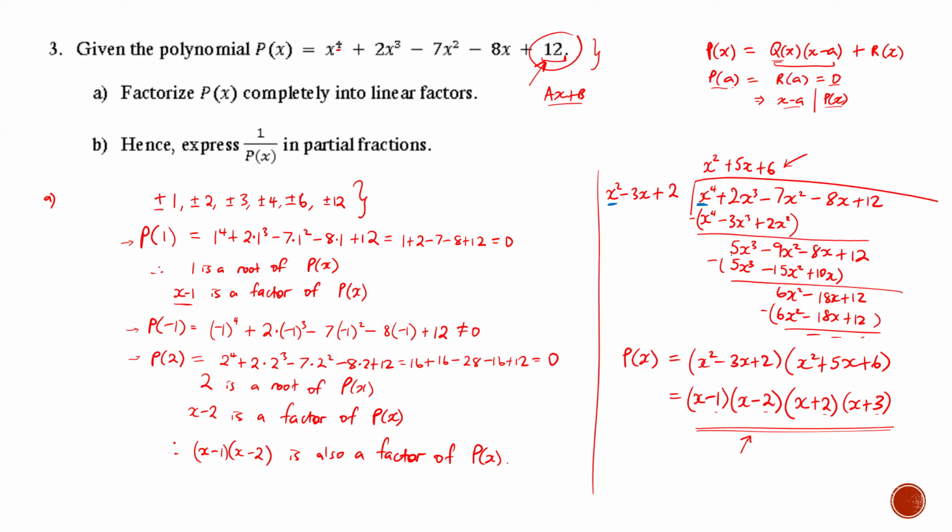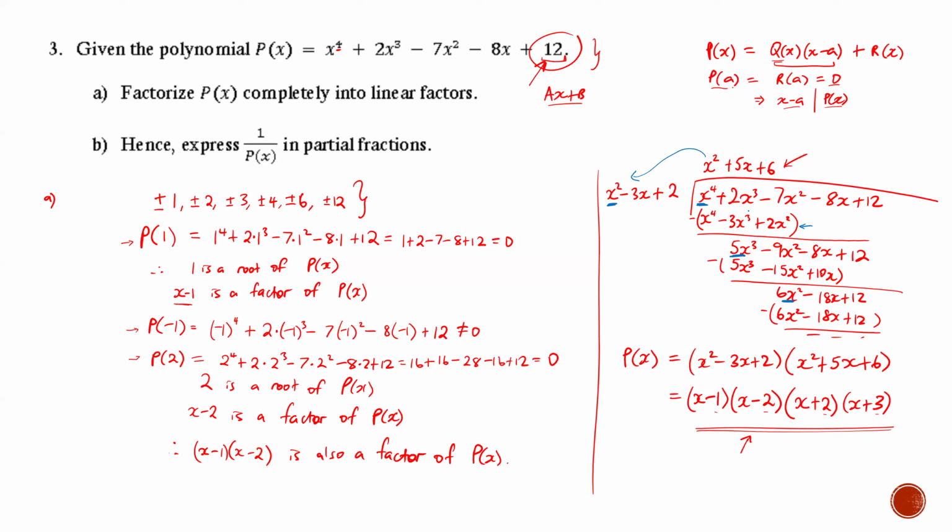Just like here, we looked at 5x cubed and x squared, and then 6x squared and x squared. So you divide x to the power 4 by x squared, you get x squared, and then you multiply x squared by all this, and that product is what we have right here: x squared times x squared minus 3x plus 2.